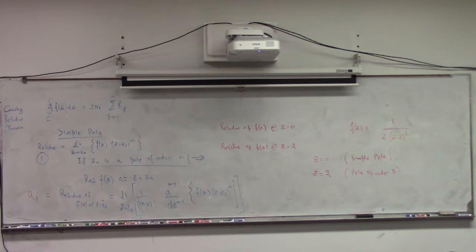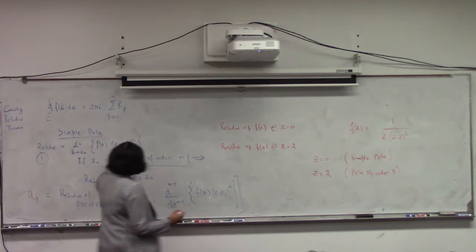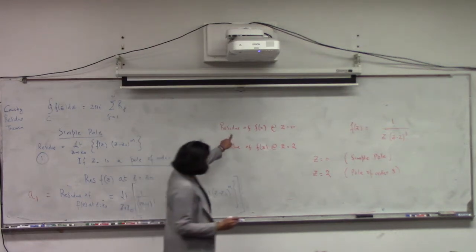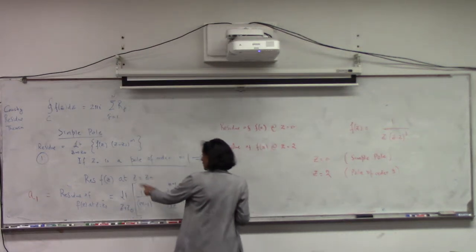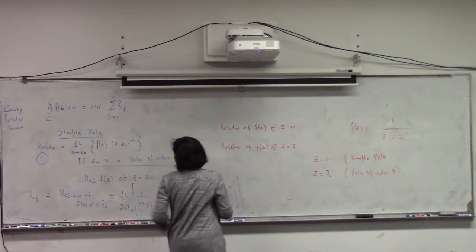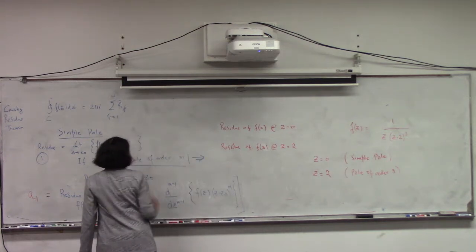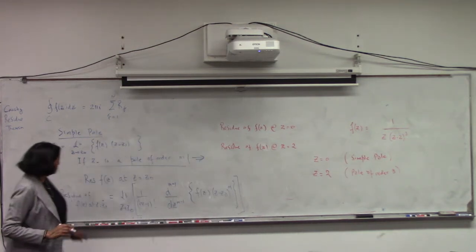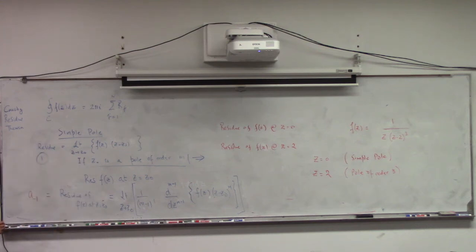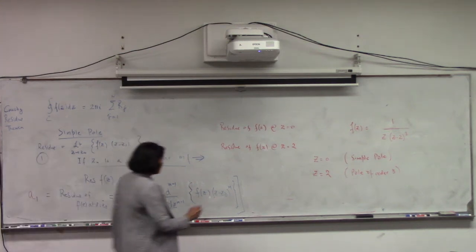We're just going to be left with f of z times z minus z naught to the m. For a simple pole, m equal to 1. So I have to put m equal to 1, sorry, I should have removed it. m is equal to 1, so that's all it is for the simple pole, okay.